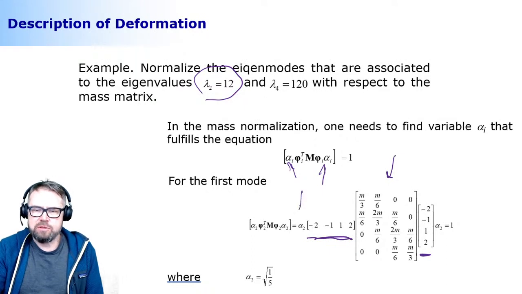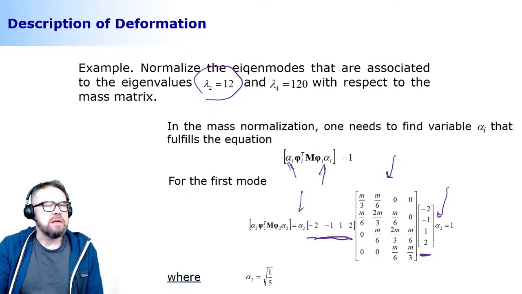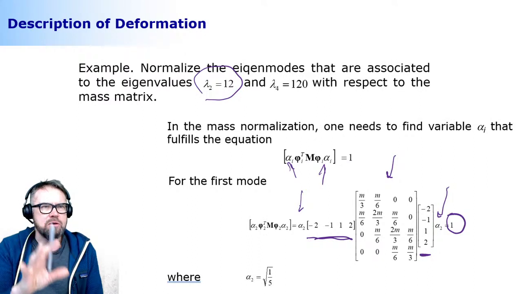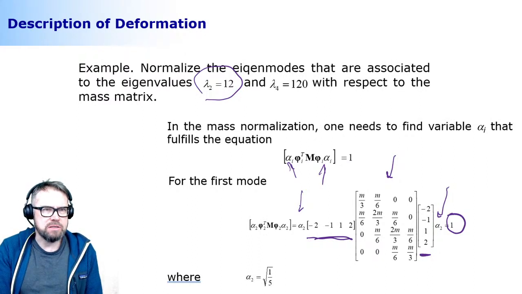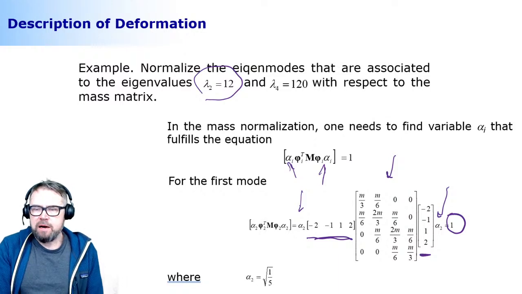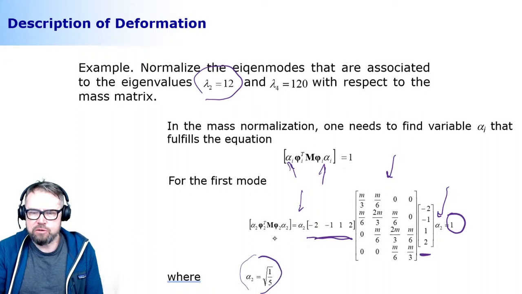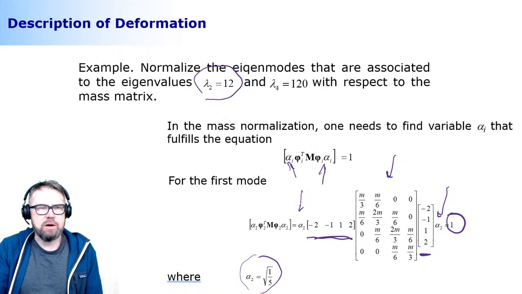I'm simply multiplying that by a number that I don't know yet, and setting all of this equal to 1. Why? Because I would like my final mass matrix associated with my modal coordinates to be the identity matrix. When I solve for alpha 2 from this equation, alpha 2 is the square root of 1 divided by 5.